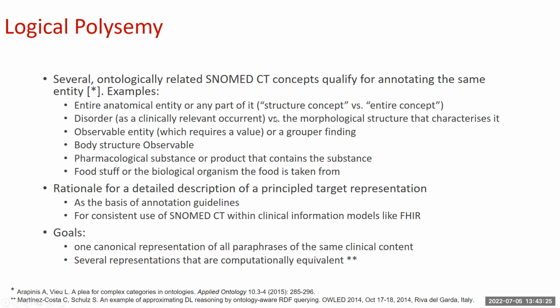For instance, the entire anatomical entity or any part of its structure versus entire disorder as a clinically relevant occurrence versus a morphological structure that characterizes it, observable or a grouper finding concept, then body structure observables, pharmacological substances versus products that contain that substance, foodstuff, like for instance fish, or the biological organism the food is taken from, and so on.